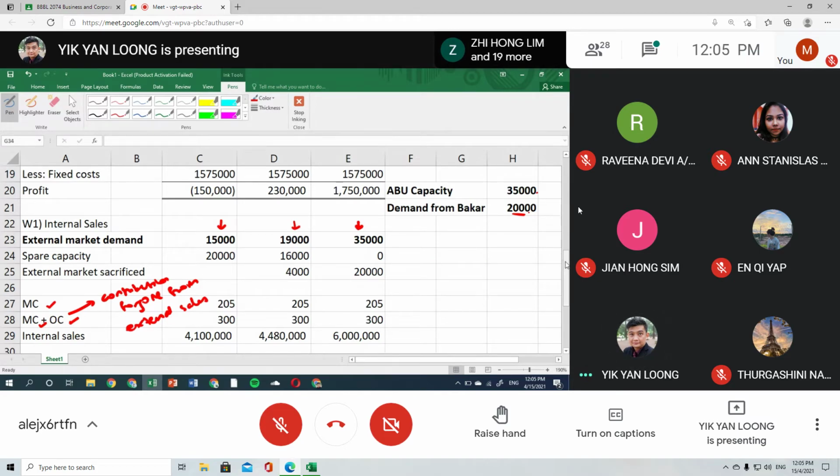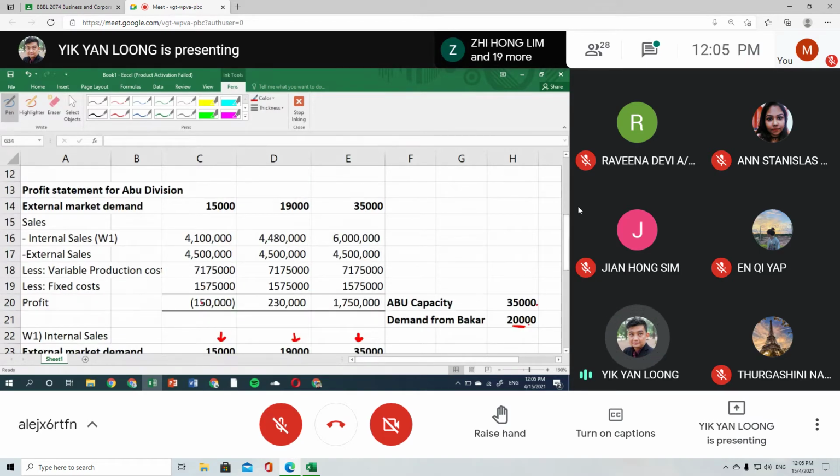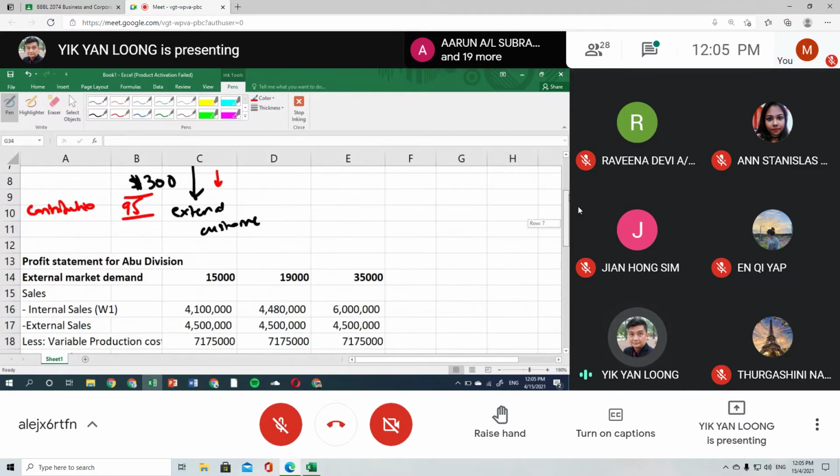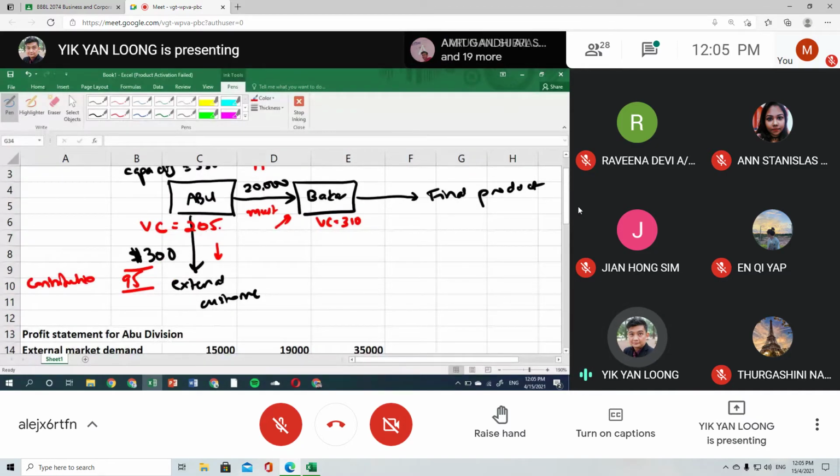All right. So from here, your external sales is how much? Your external selling price is 300, and because the marginal cost is 205, each unit's contribution is 95. So whenever Abu sells to an external customer, one component will earn 95 ringgit.